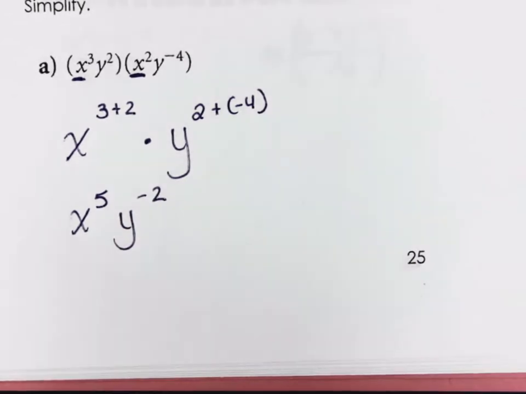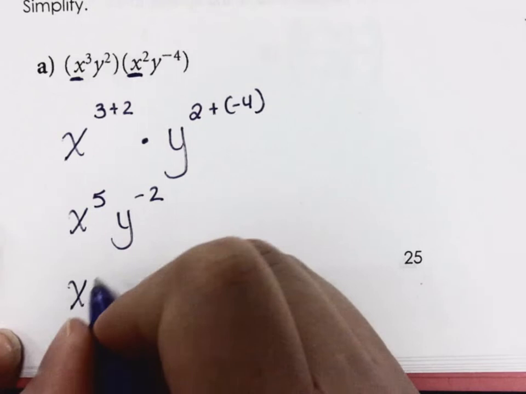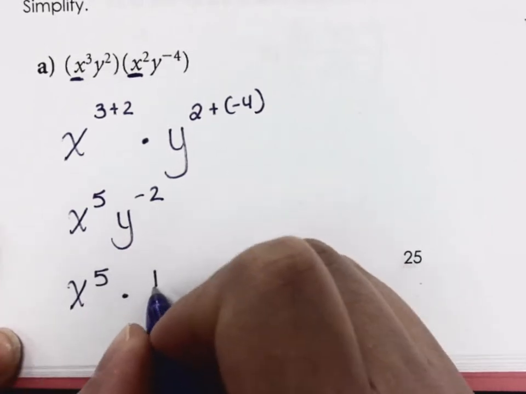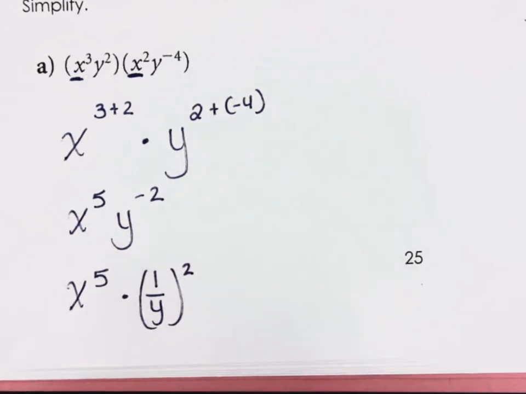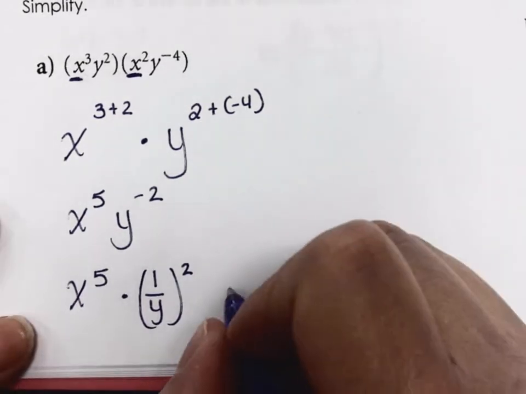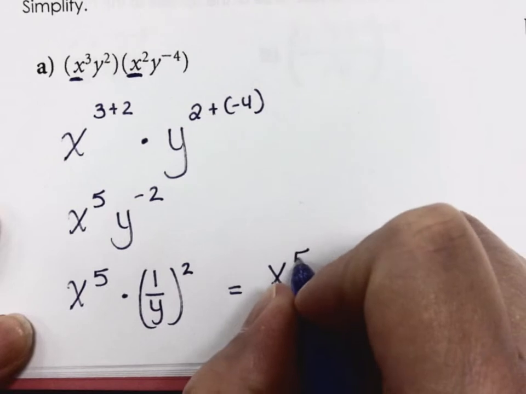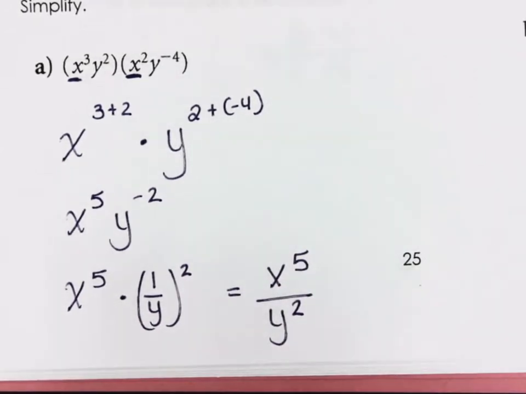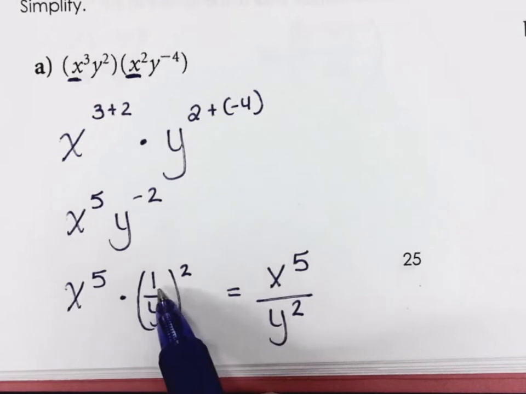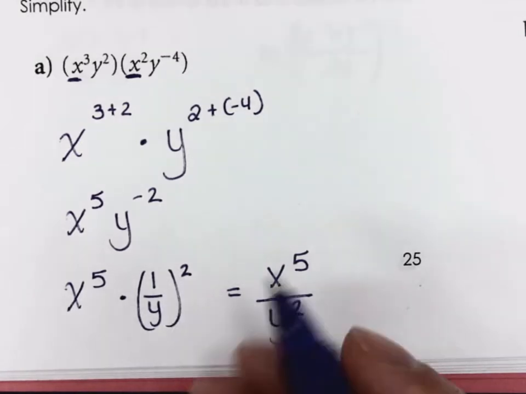We want to write it with a positive exponent. So this one's going to switch to x to the exponent 5 times 1 over y to the exponent 2. Now you could go one step further and write it like that. Oftentimes that's the way you're going to see it written. So 1 squared is 1, and y squared is y squared.